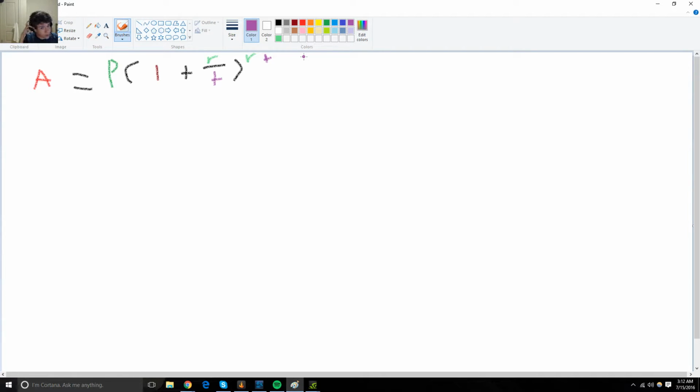Is that even right? No, that's not even right. Excuse me. That is supposed to be r over n to the nt, where it's 1 plus the rate over how often it is compounded, which is either monthly, which is 12, quarterly, 4, or yearly, which is 1.